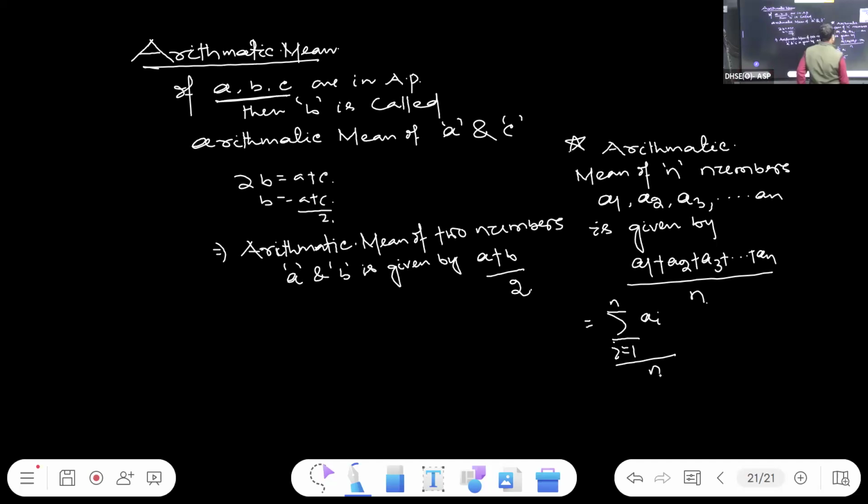Clear? Okay. Then come to n arithmetic means between two given numbers.